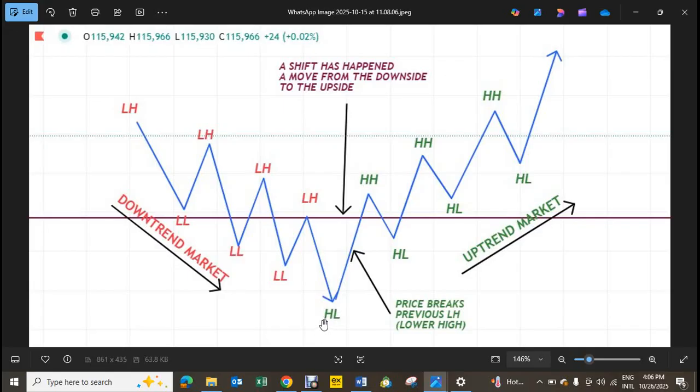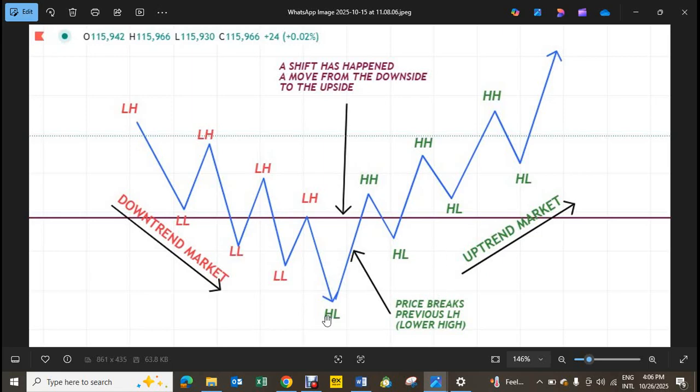When you see price come towards the upside and break the LH, the fourth one on top, that's if you're coming down, the fourth LH, and break it, it gives us a higher high. That means the market has started moving from the downtrend market into an uptrend, an upward momentum movement. That's the uptrend building.